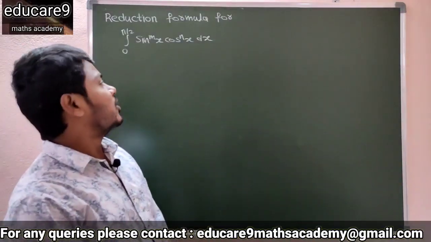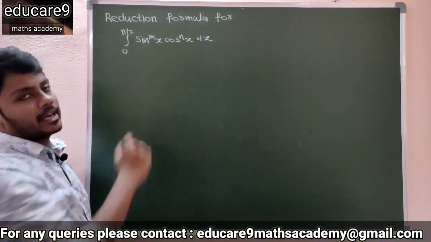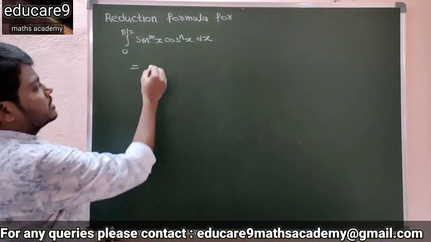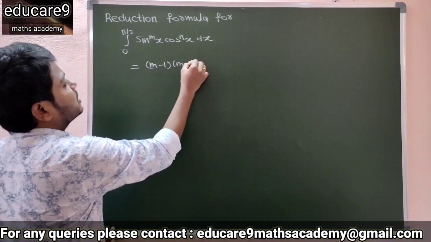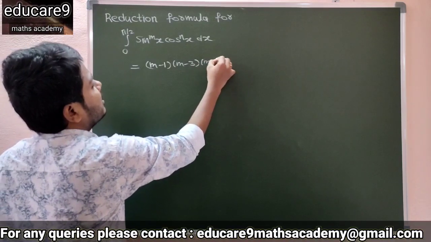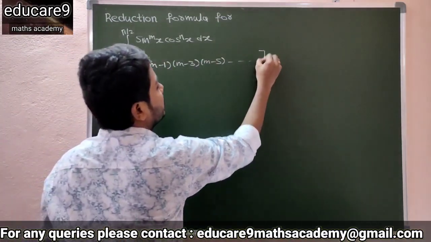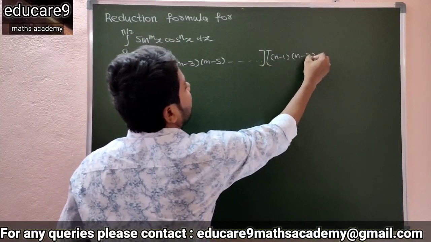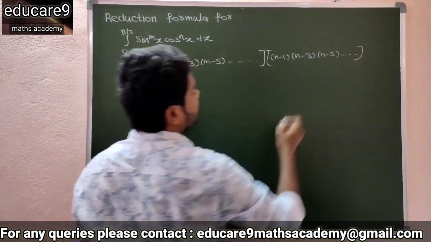So next one, the reduction formula for the integral from 0 to pi by 2 of sin^m x cos^n x dx. So see this formula. So write (m minus 1)(m minus 3)(m minus 5) and so on, into (n minus 1)(n minus 3)(n minus 5) and so on.